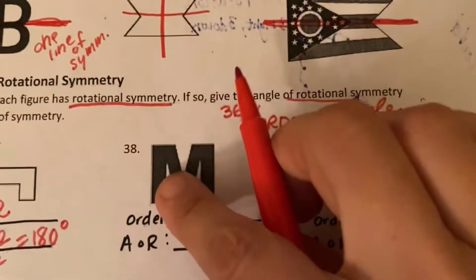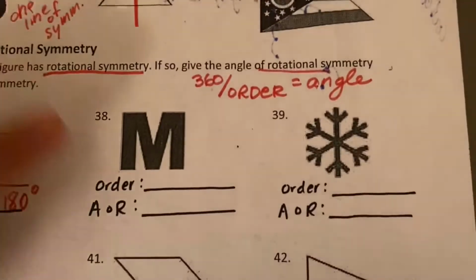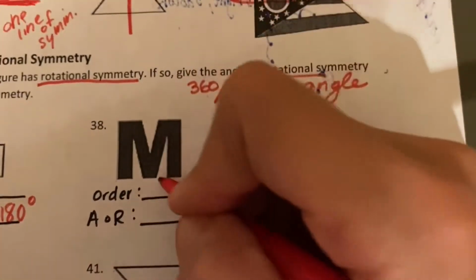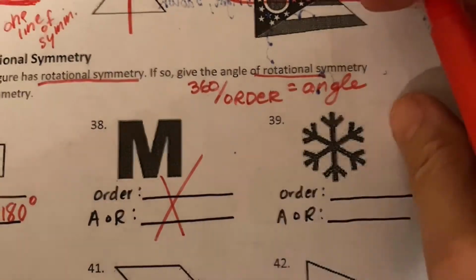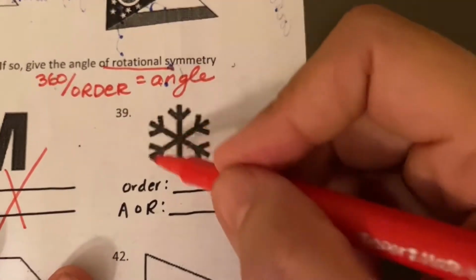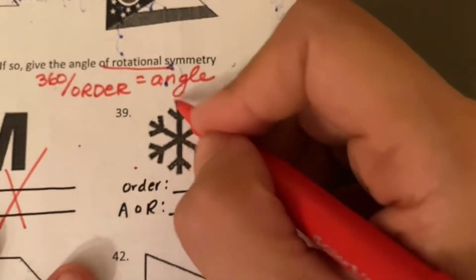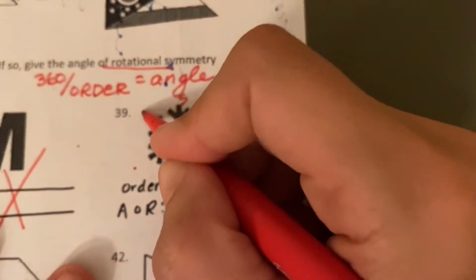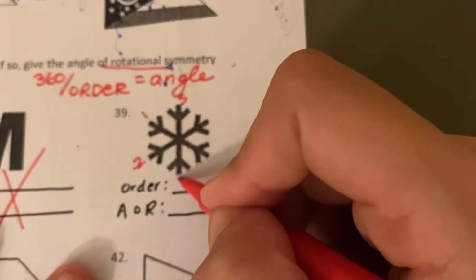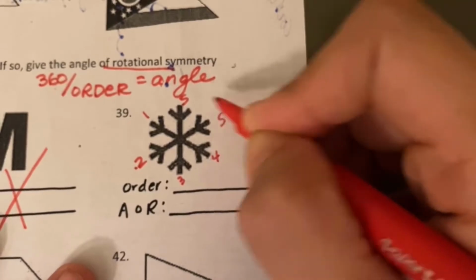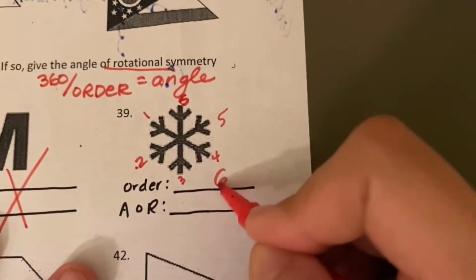Cool. M. If I spin it, now it is not an M. Now it's a W. Still not an M. Kind of looks like an E. And now it's back to an M again, but I'm right side up. So this is no. Oh, this is kind of cool. It's like a fancy hexagon. So this one looks like if I spin it, and this is the top, here, here, here, here, here, and then at the top it would line up.